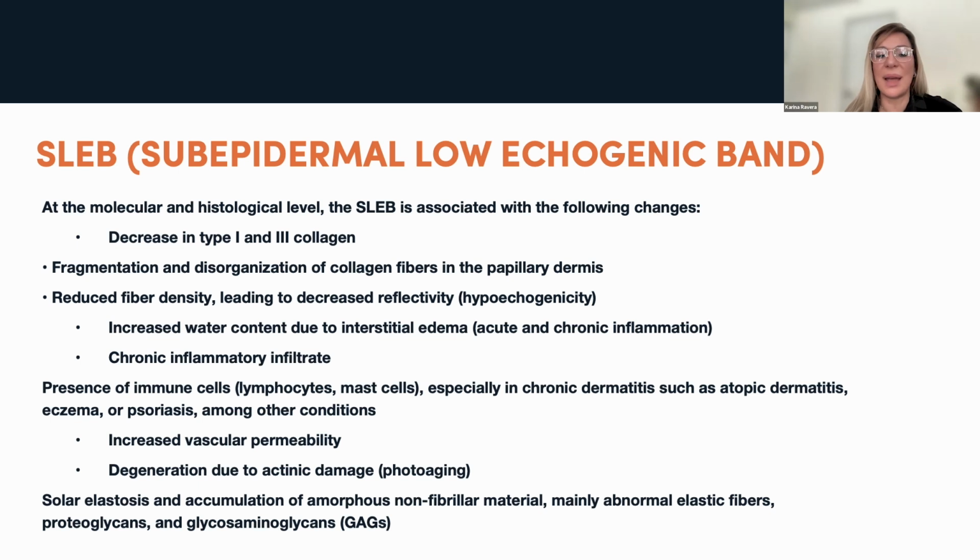We can find lymphocytes and mast cells, especially in chronic dermatitis such as atopic dermatitis, eczema, psoriasis, among other conditions.